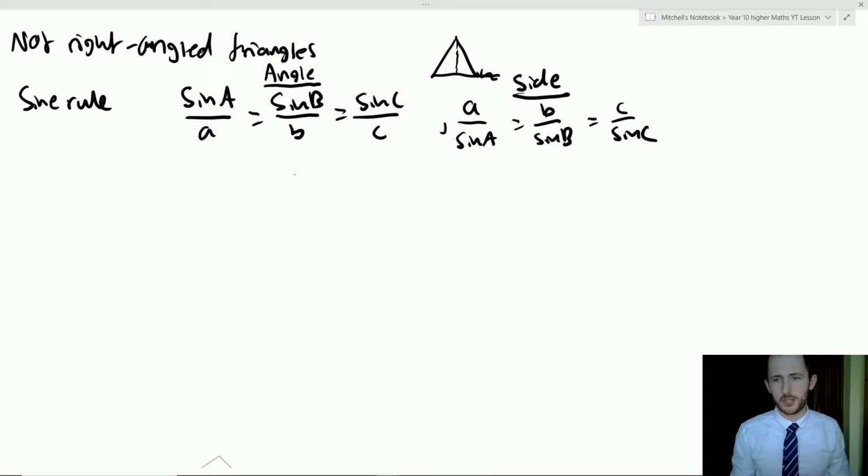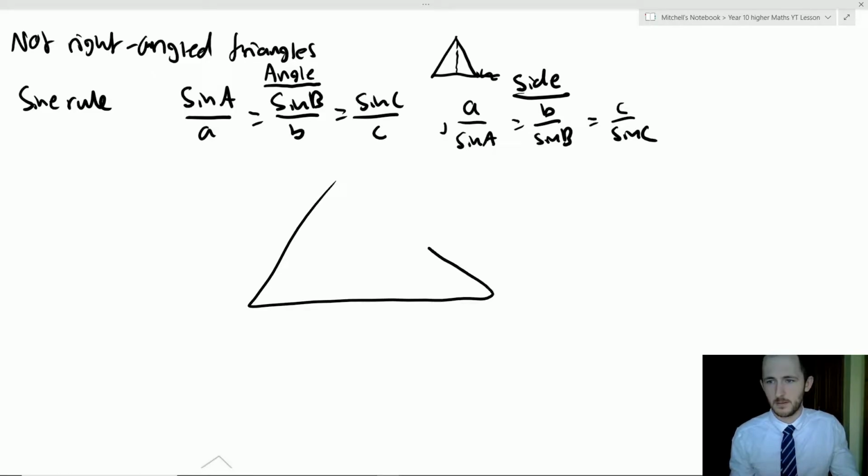Well, let's draw a generic non-right angled triangle. Okay, so this is our triangle here. In fact, let me draw that a little bit better, and make it a bit bigger. That's not a right angled triangle, it's just a generic triangle. Now, the question is, what are angles A, B, and C? It doesn't matter, you can label them whatever you want.